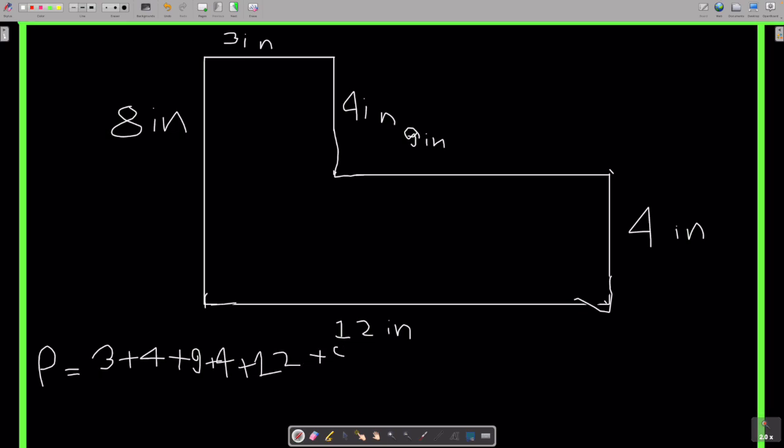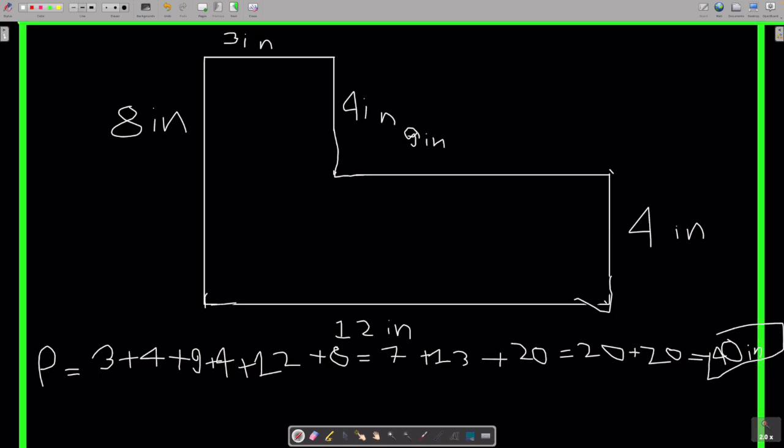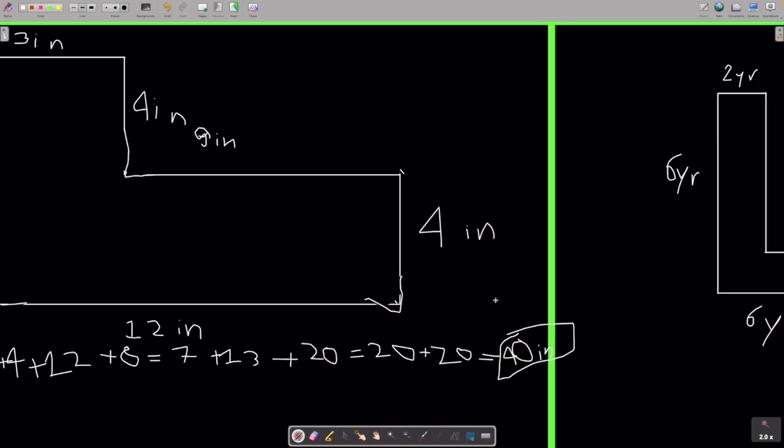You can do this in many different orders, but I'll just do 7 plus 13 plus 20. 7 plus 13 is equal to 20, and then 20 plus 20 is just 40. The unit is the same unit as the side length, which is inches. So 40 inches is the answer to the first one.